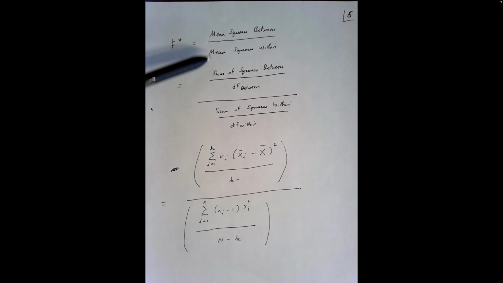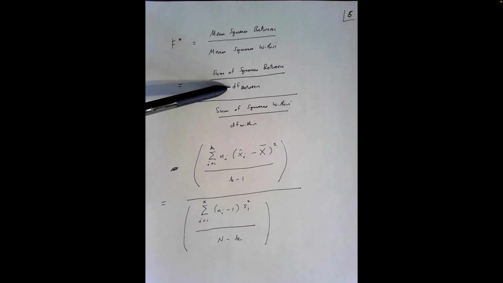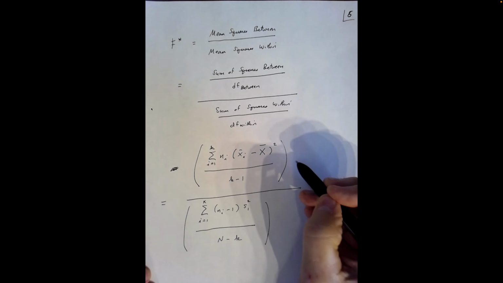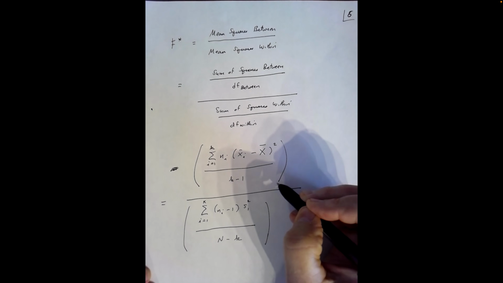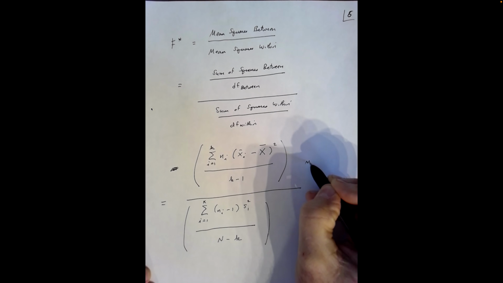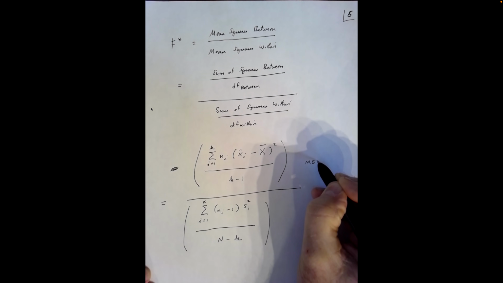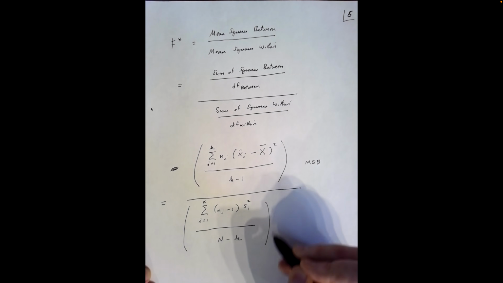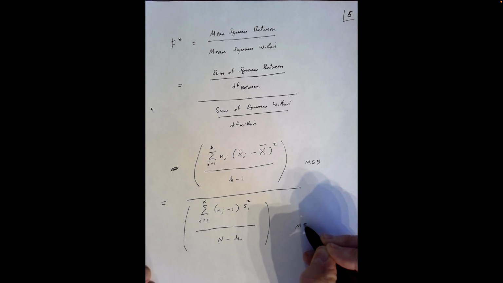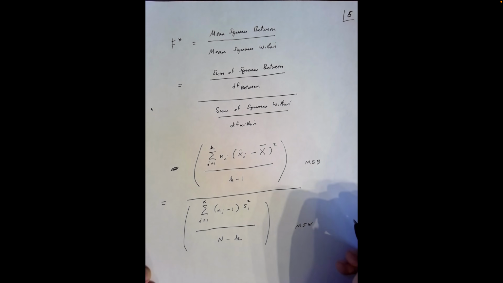The mean squares between is just the sum of squares between divided by the degrees of freedom between. And the mean squares within is just the sum of squares within divided by its degrees of freedom, which we call degrees of freedom within. So this whole thing up here is called the mean squares between, and this whole thing is called the mean squares within.